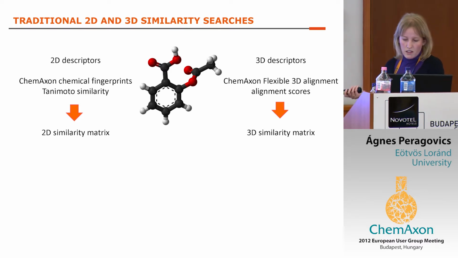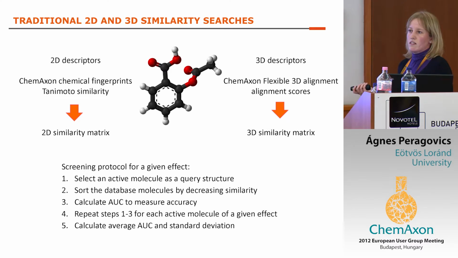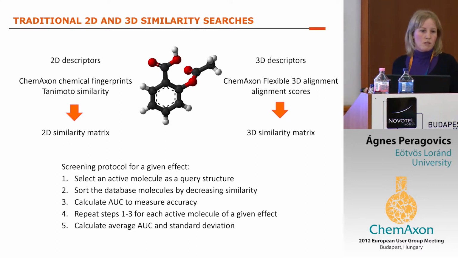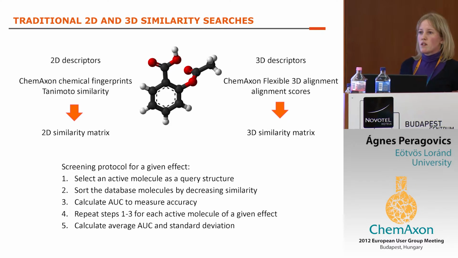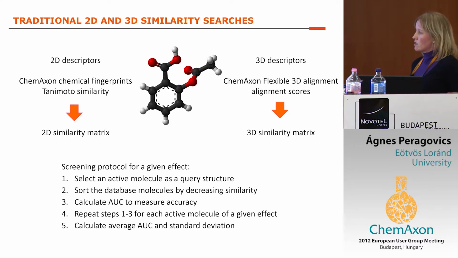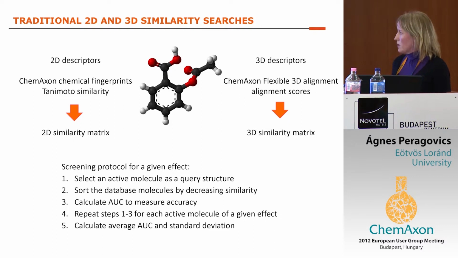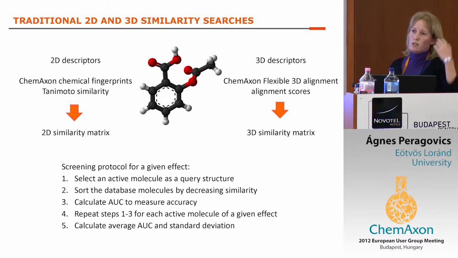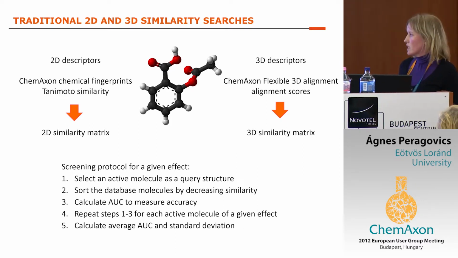So then we wanted to calculate AUC values. So the similar accuracy measures we used for drug profile matching. And this was the screening protocol we applied. So we used these similarity matrices, and we used the same effect categories.